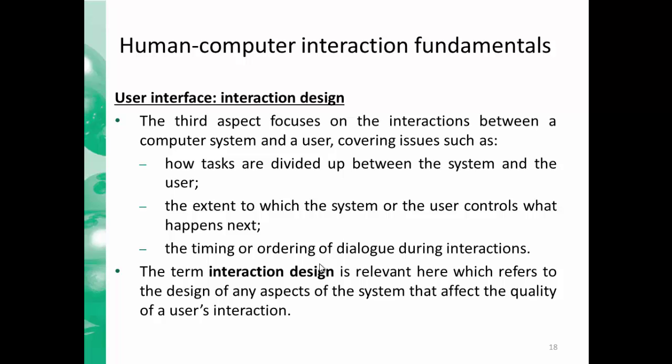Now, the last aspect of building the user interface is the interaction design. This aspect includes three main points: how tasks are divided up between the system and the user. This means what the system will do and what the user will do when we divide the tasks.